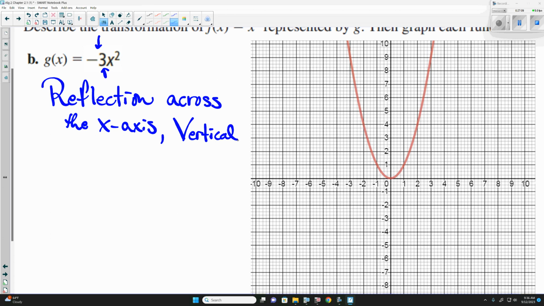So the value of A is 3, yes? With verticals, it's exactly as we think: 3 is greater than 1, so it is a stretch. So it's a vertical stretch of what? Of 3. Yep. Questions on this here?